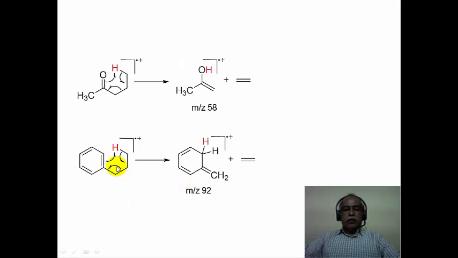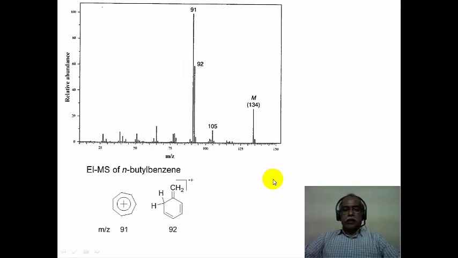If you cleave this alpha-beta bond here, it produces a benzyl cation. The benzyl cation is 91, whereas this is the tautomer of toluene, which is 92. In fact, you see 91 as well as 92. In addition to that, loss of an ethyl group, which is a 29 fragmentation, is also seen, which corresponds to 105 as the registered ion in this particular spectrum.